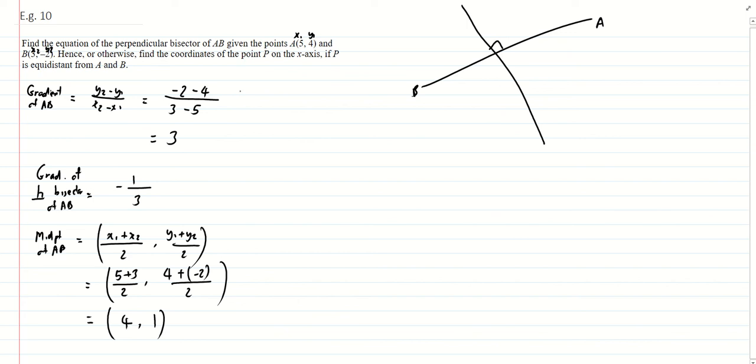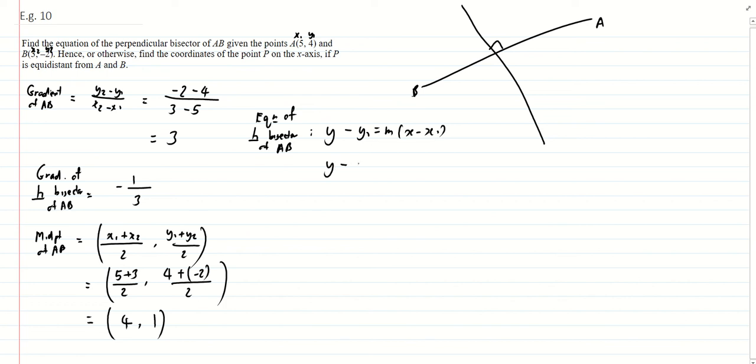So what we need to do is to find the equation of the perpendicular bisector. So equation of perpendicular bisector of AB is given by y minus y1 equals m bracket x minus x1. Please don't confuse this y1 and x1 with the earlier ones. You need to use the midpoint of AB.